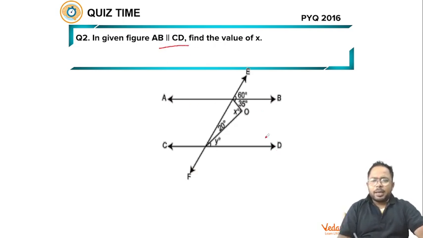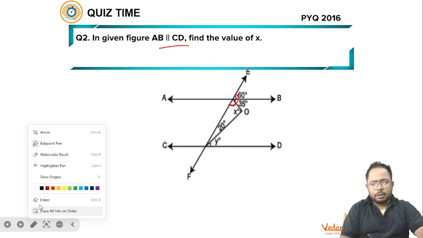Now we can see here this angle is 60, this angle is 35. Now if you want to find this angle, I can mark it in another color.